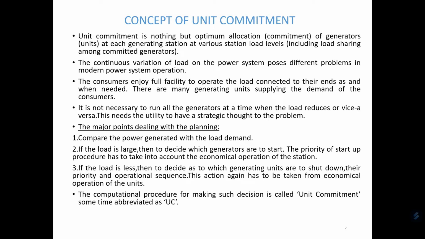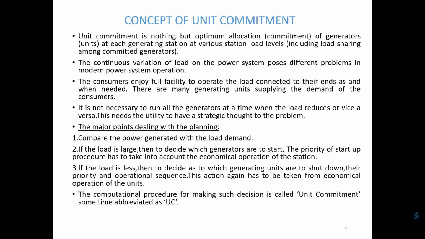Unit commitment is nothing but optimum allocation or commitment of generators or units at each generating station at various station load levels, including load shedding among committed generators. So, first of all, what is the meaning of this?